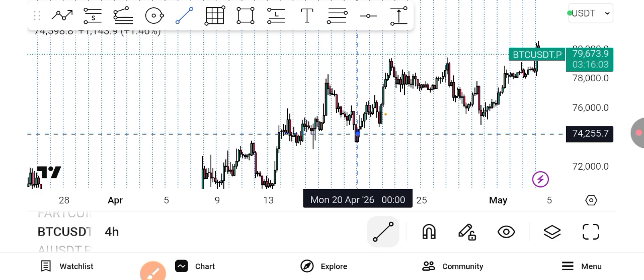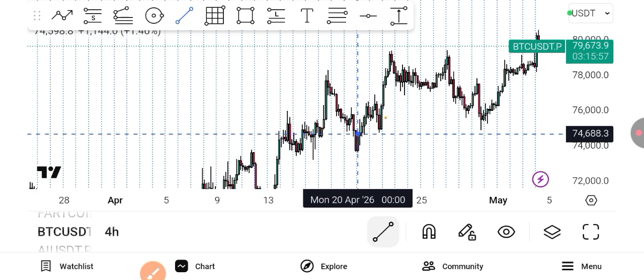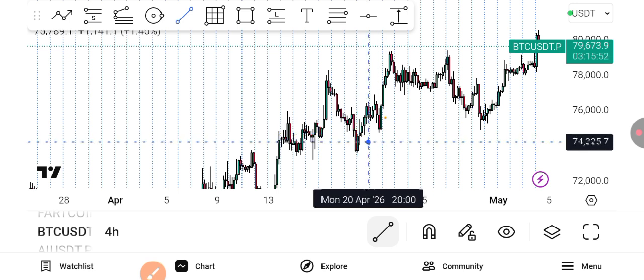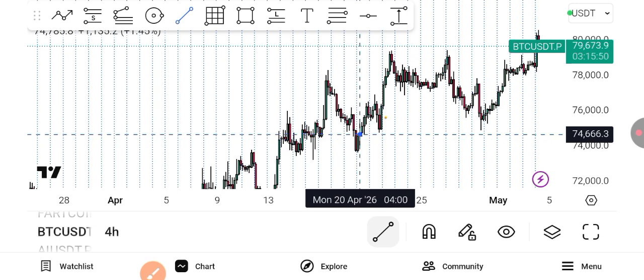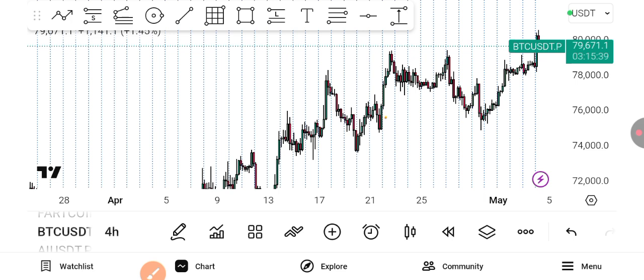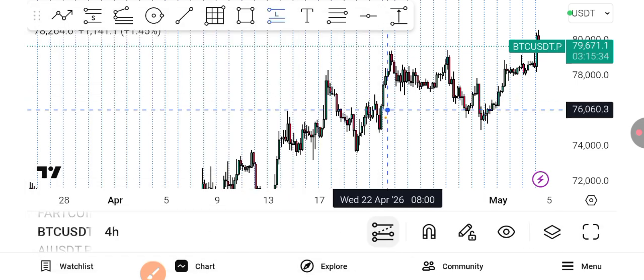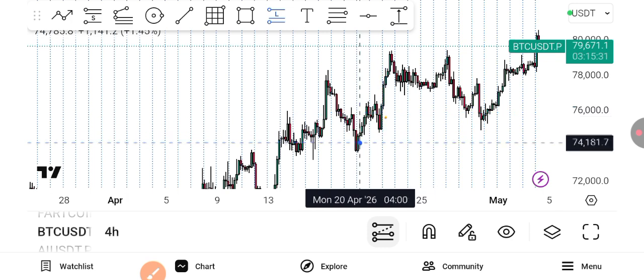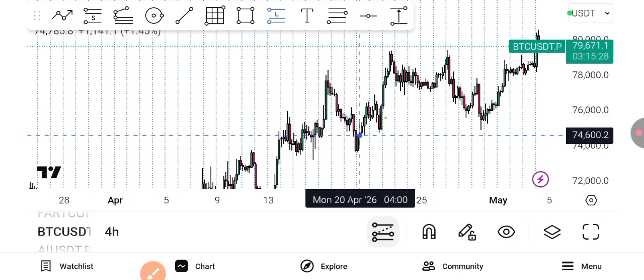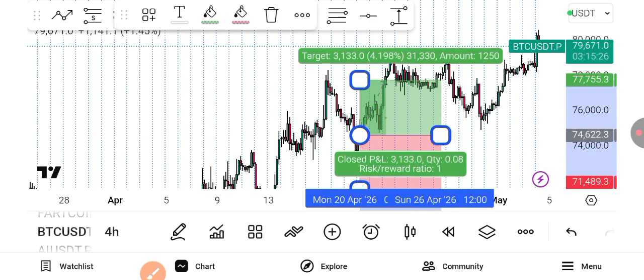Okay, now how do we take the position? You make sure you put in your long position, and it should be at the close of the candle. Okay, so we aim for the position. And you place it like this.